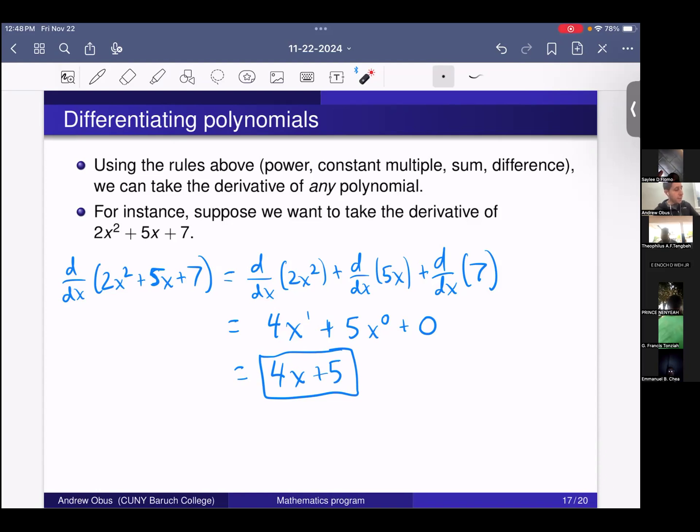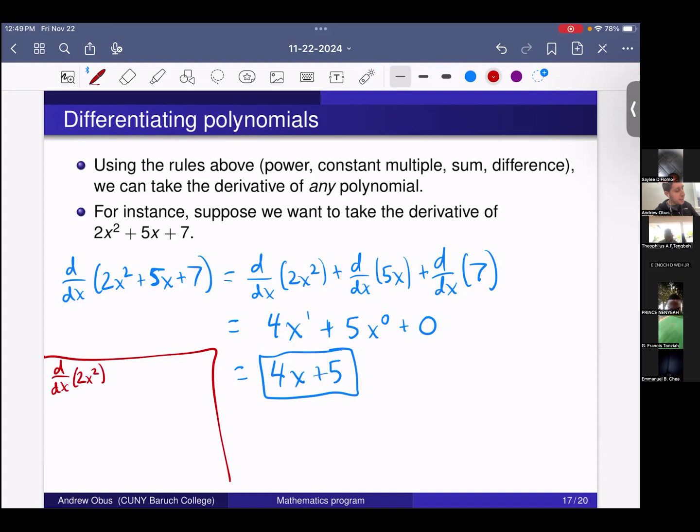Okay. So let me do this even a little bit more carefully. The first step is: you take a polynomial, and what we're saying is we can take the derivative of each term separately and add them together. So as an aside, how do we do the derivative of 2x squared?